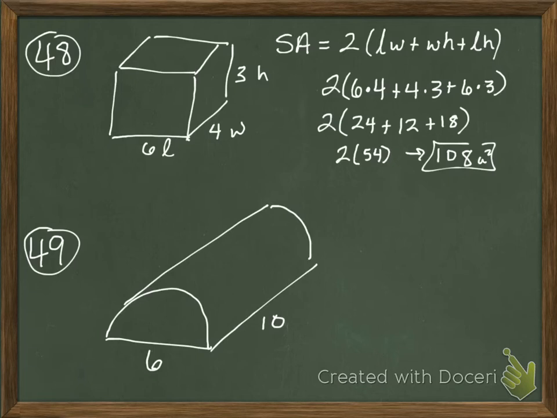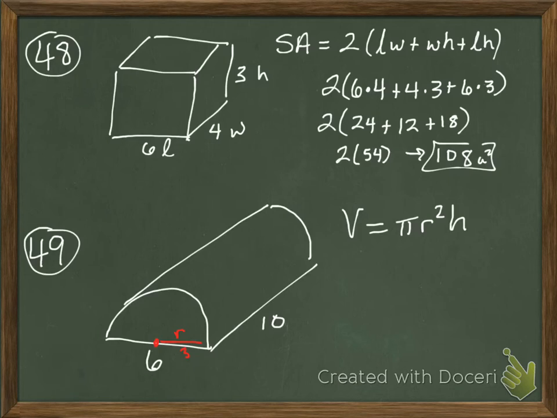Okay, 49. 49 is talking about the volume of a cylinder. Okay, so the volume formula for a cylinder is pi r squared h. Okay, so we're going to use that. The thing to make note of here is that our r value, r is only halfway across the circle, so halfway is just going to be 3.